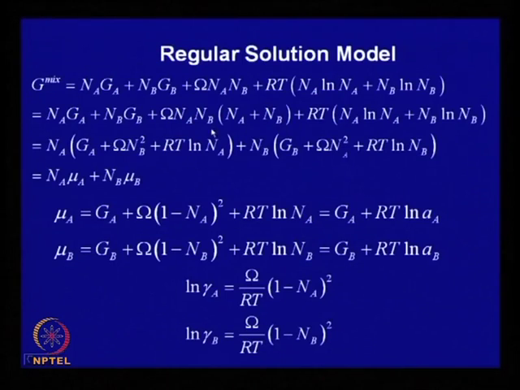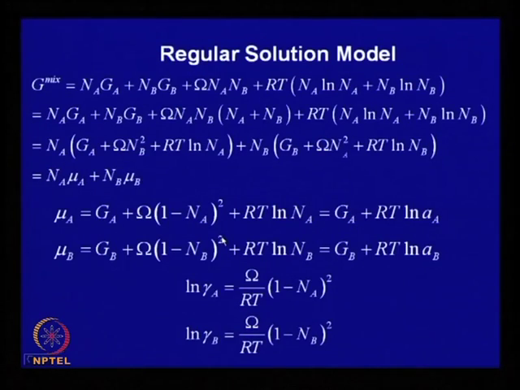Then the Nb square times Na term is clubbed with this, and the entire expression can be algebraically simplified and written like this. So, you have now two parts. This is the partial molar free energy of A in the solid solution, and this is the partial molar free energy of B in the solid solution, and these two are written like this.